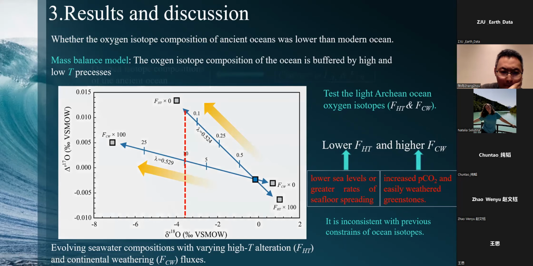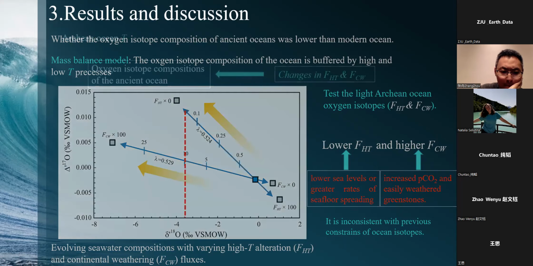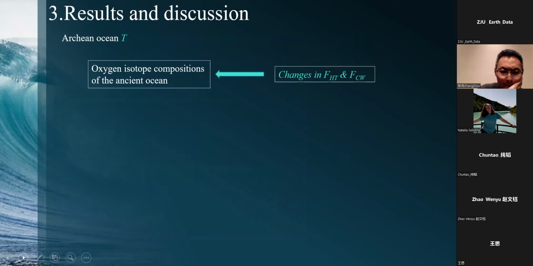So in the end, they also try to constrain the Archean ocean temperature. In the first place, they try to change these two, the high temperature alteration flux and the continental weathering flux, to get the ocean isotope composition of the ancient ocean.